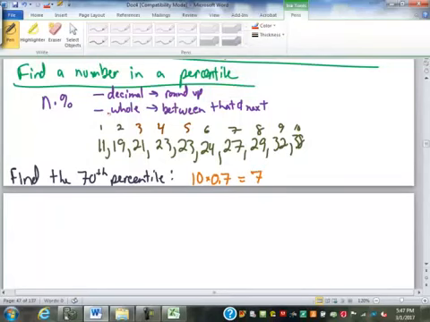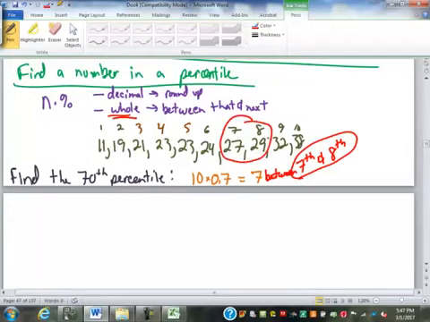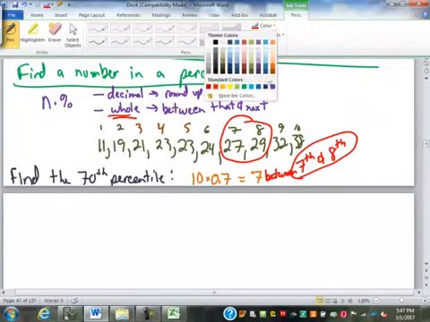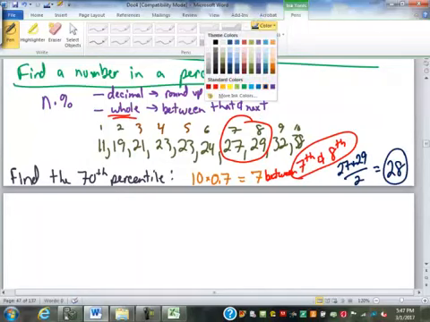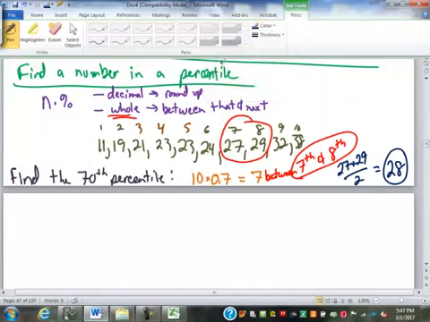So if I refer up here, that's a whole number. So that's telling me it's between that position and the next one. So the 70th percentile is between the 7th and the 8th number. So it's between 27 and 29. Just like with the median, I add them together and divide by 2. So the 70th percentile for this data set is 28.